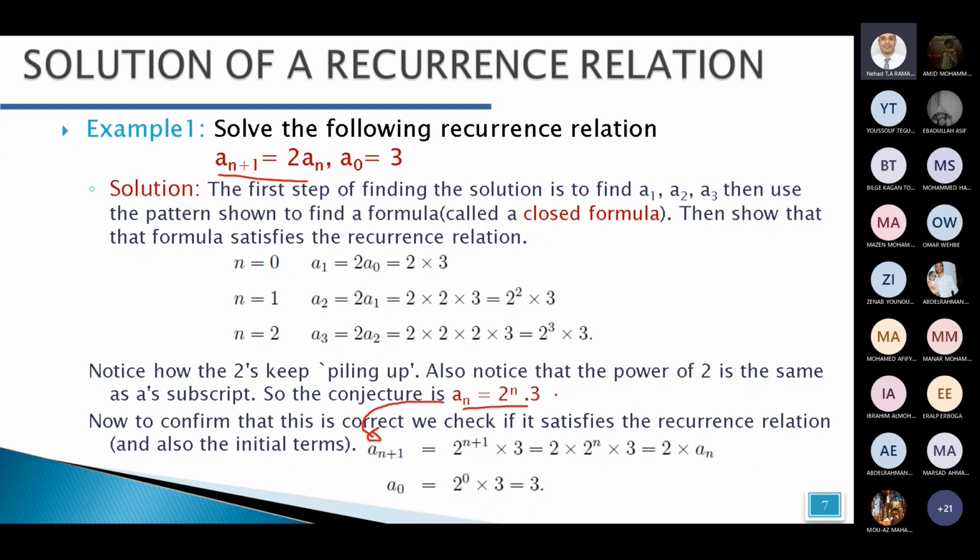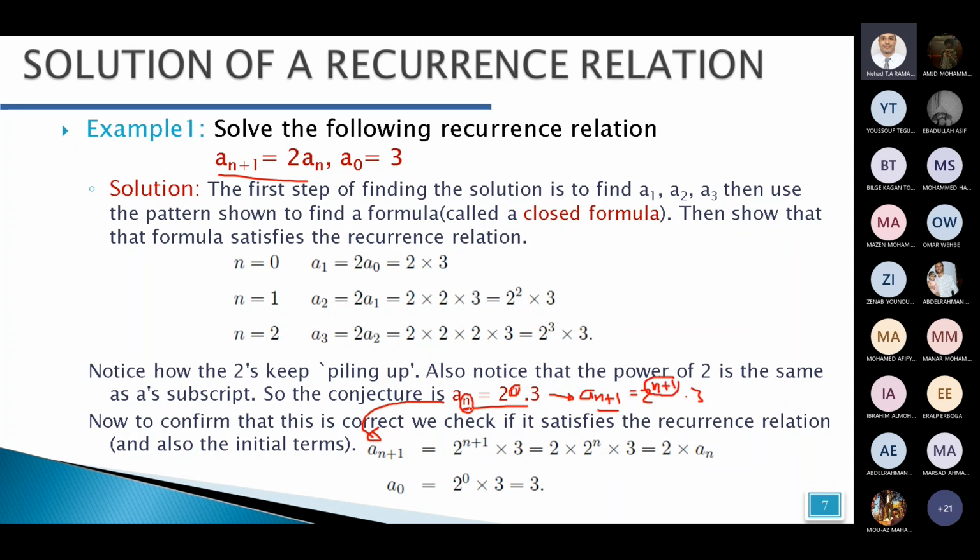So if this is a general term for an, I need an plus 1. So an plus 1 is equal to 2 power n plus 1 multiplied by 3. Instead of n, in the solution, we put n plus 1.